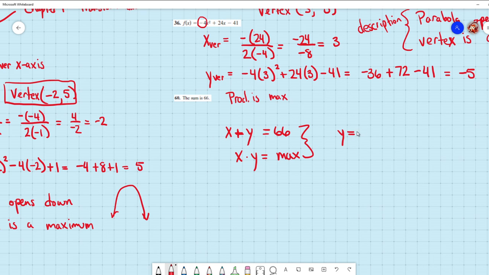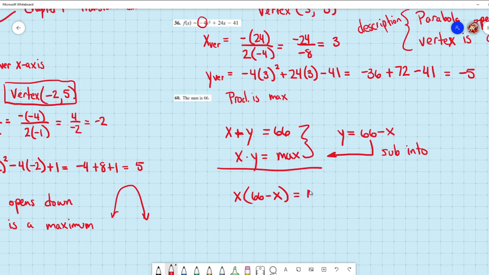I'm going to take my first equation, solve for y, and then substitute into the second equation. So my second equation says x times y, and this has to be a maximum.